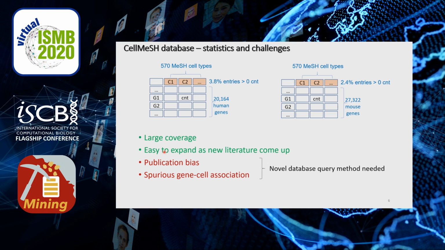It is also easy to expand as new literature comes up, but it has publication bias. Some common genes and cell types tend to have larger counts. And there is also spurious gene-cell association because the simple fact that a gene and cell type co-occur does not mean the gene serves as a marker for the cell type. Therefore, we need a novel database query method.